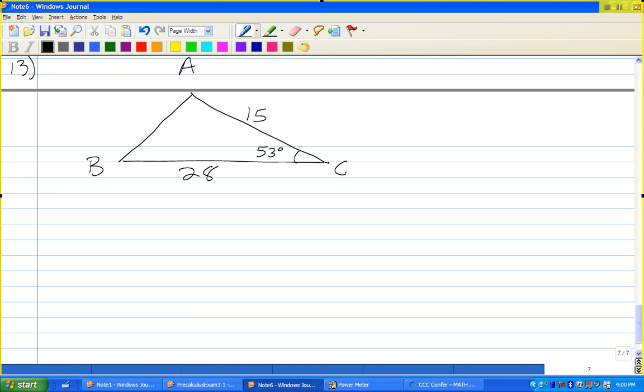Well, law of sines will give you everything in terms of... I think law of cosines is still easier. Okay, so call this C.